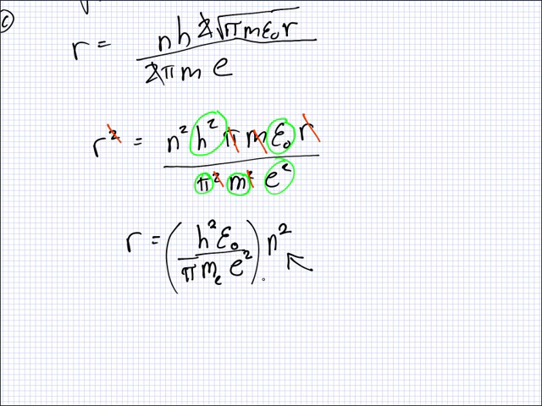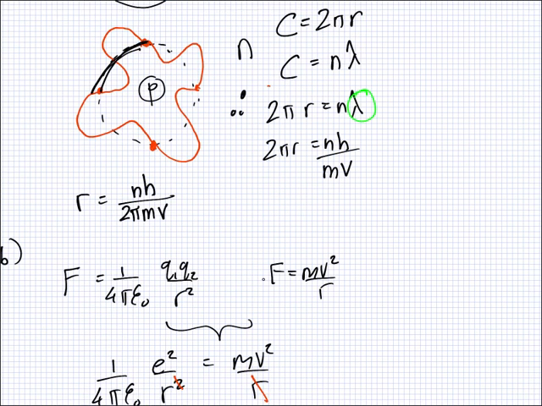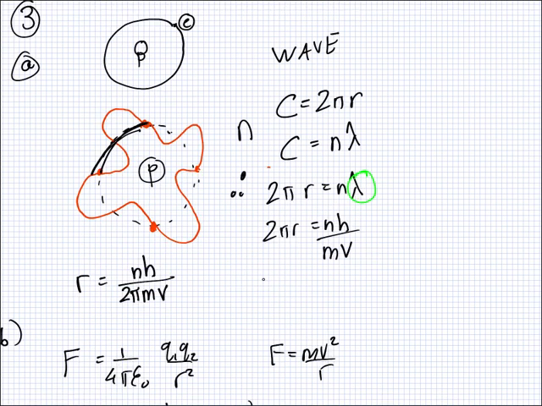Come on, guys. Give me a break. What could the values of n be? What are you allowed for n to be? Could n be 2.5?